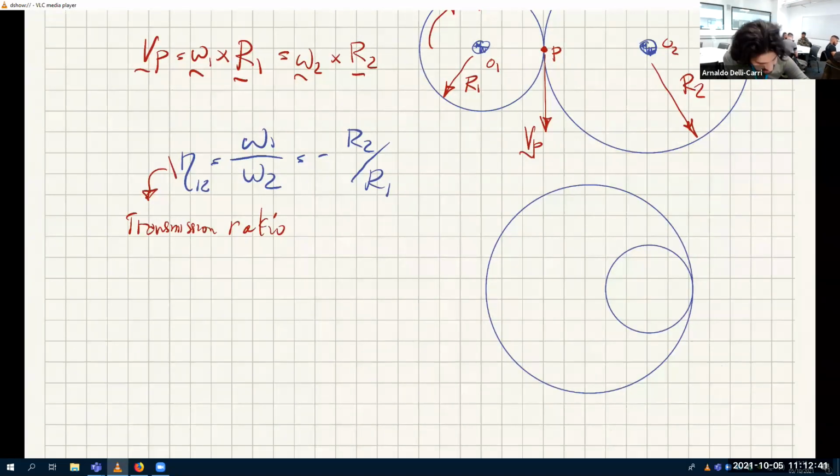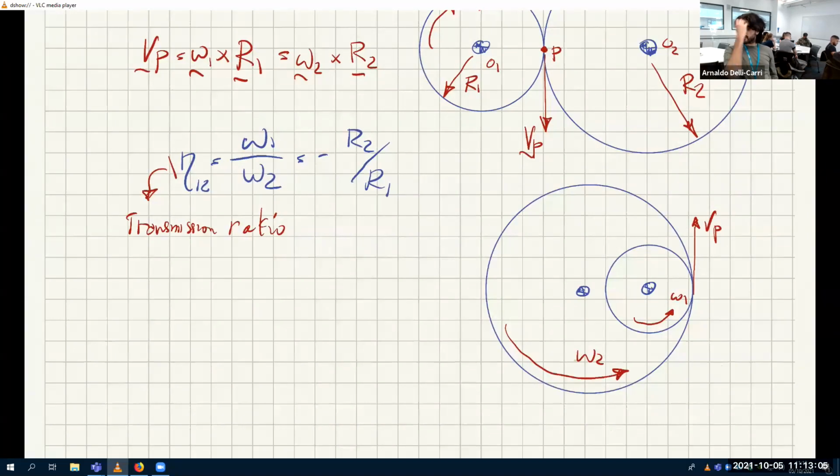So if they mesh in this way, this is pinned and this is pinned, the velocity of this point, say, is the same, Vp. So if this is going in this direction, omega 1, of course, this is also going in this direction, omega 2. See, now in this case, for internally meshing gears, omega 1 and omega 2 have the same sign.